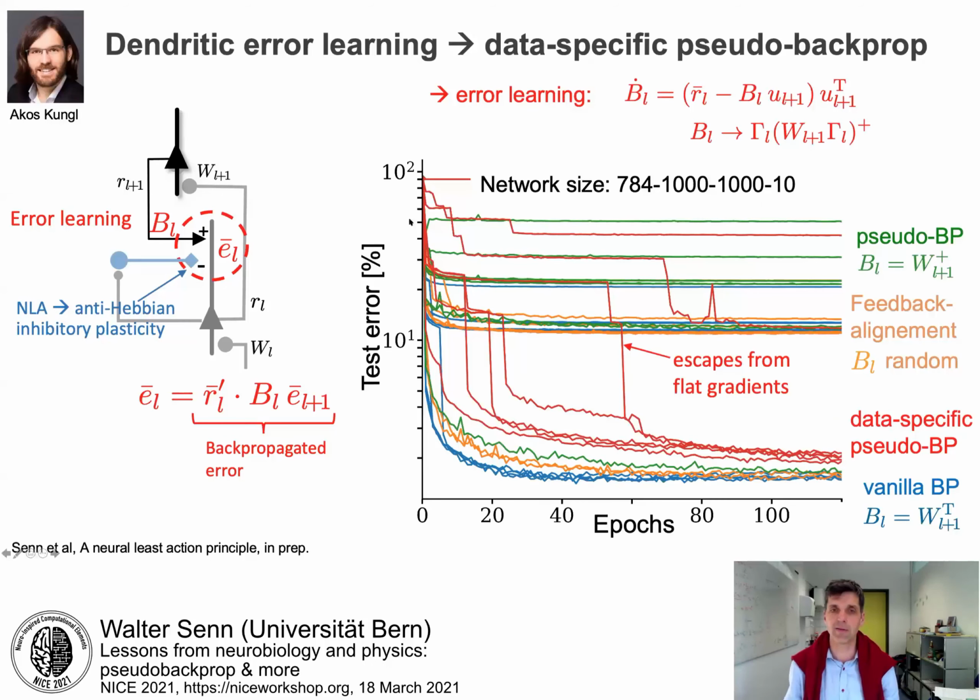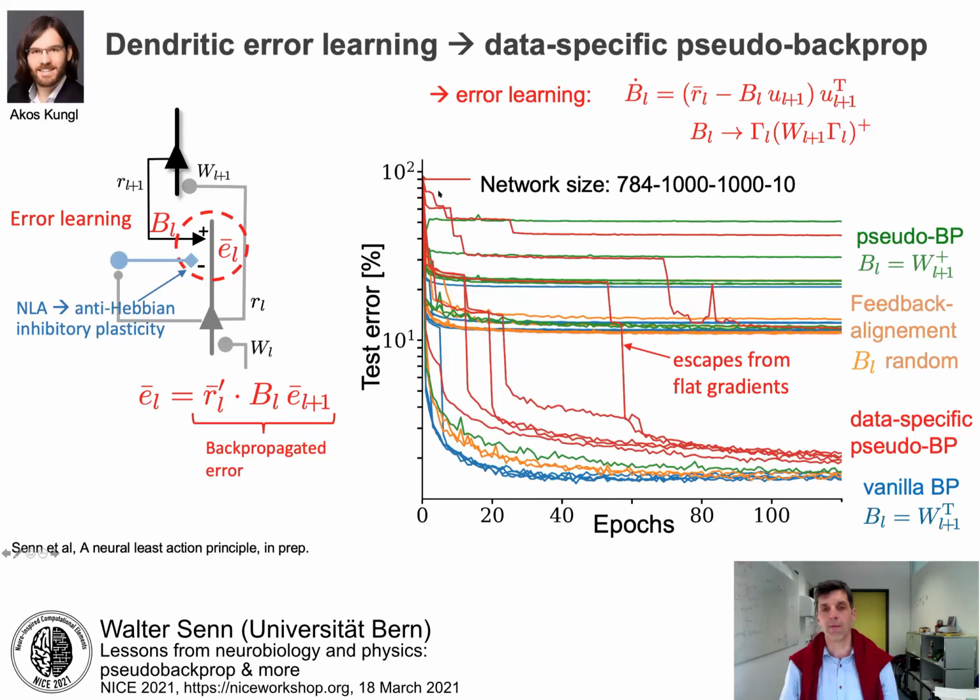And this is what we see for such a network size with 2 hidden layers and 1,000 neurons in each of the 2 hidden layers. So this is in red, the learning curves across several epochs of our backpropagation algorithm, pseudo-backprop, data-specific pseudo-backprop, as we call it.